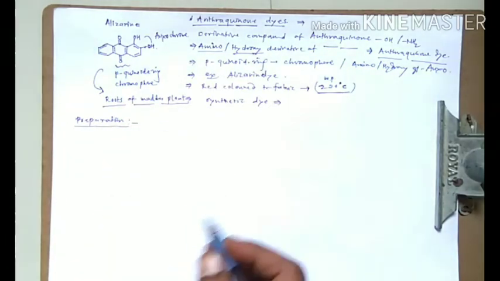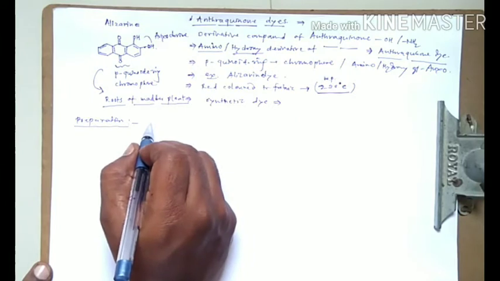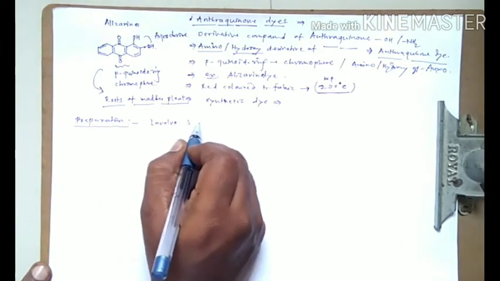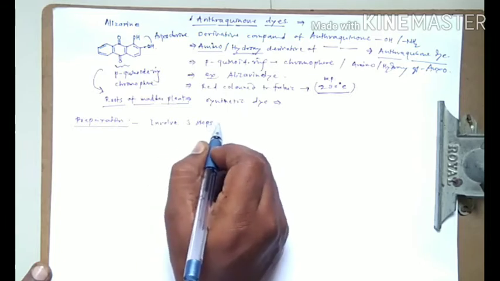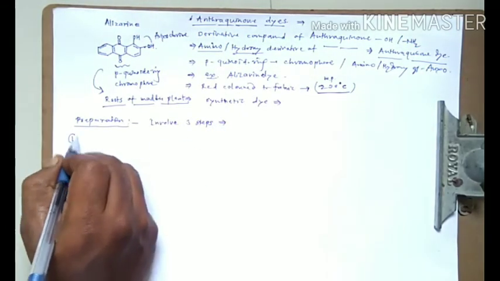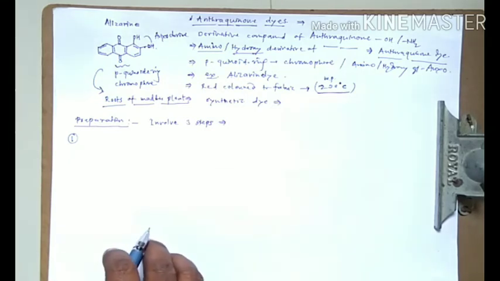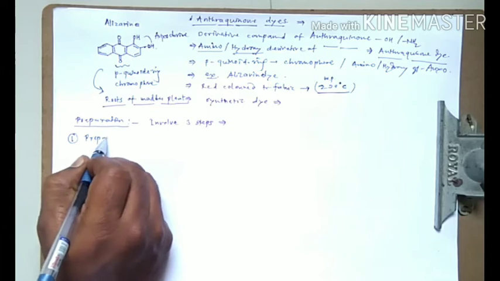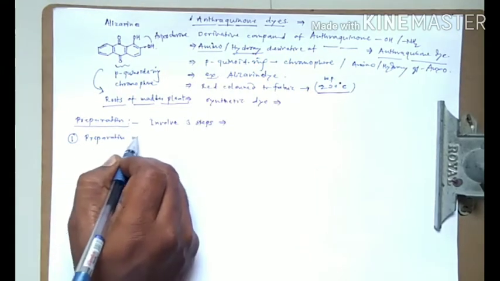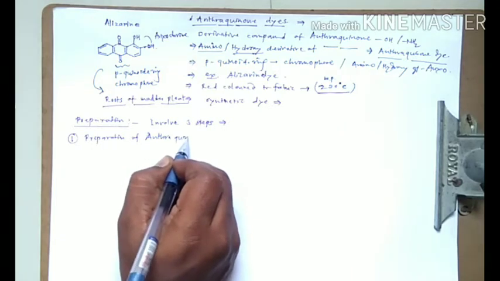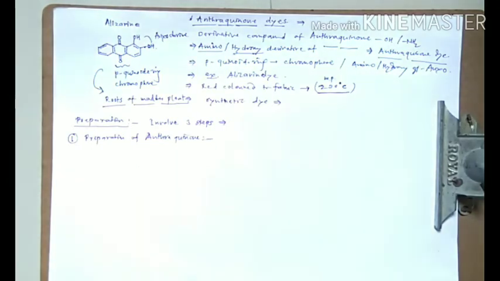The preparation of alizarin involves 3 steps, and let us see them one by one. The very first step is the preparation of anthraquinone. And how do we prepare anthraquinone?